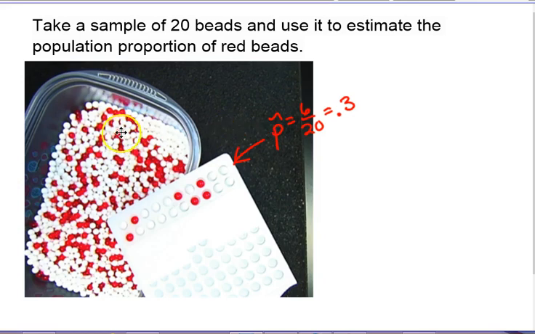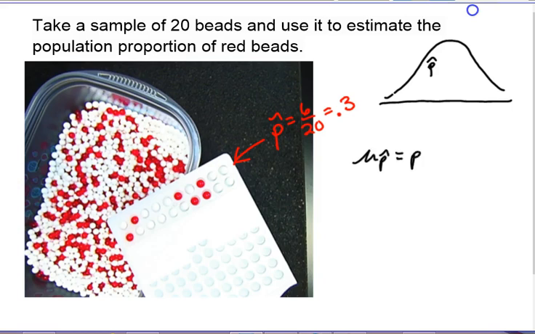And I actually don't know exactly what the population proportion of these red beads is. So I'm going to use this to estimate. So we have to remember some things about the sampling distribution of p hat. We remember that if these are a bunch of p hats, the mean of all the p hats is just p, the population proportion.